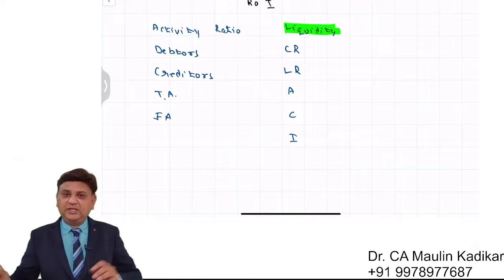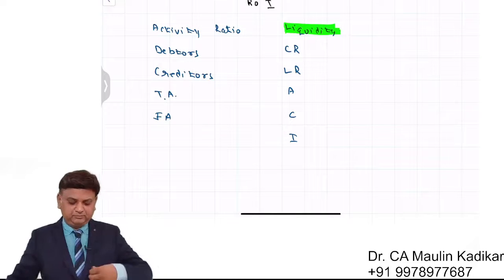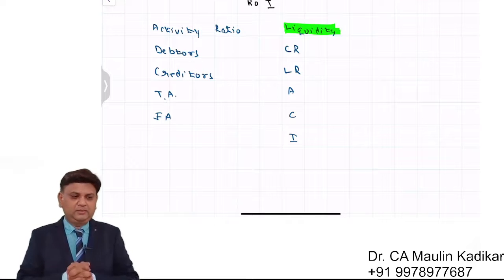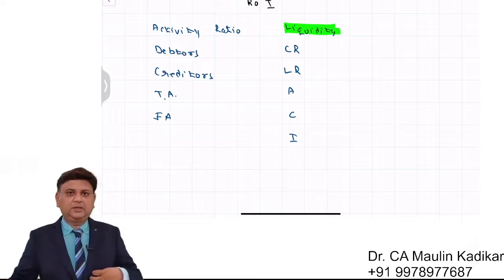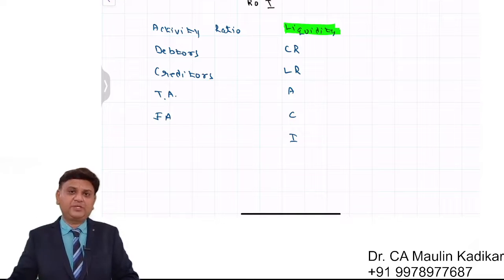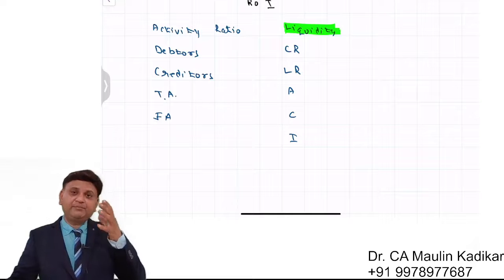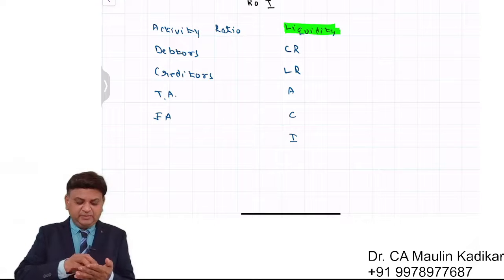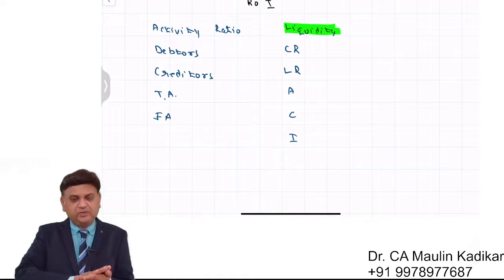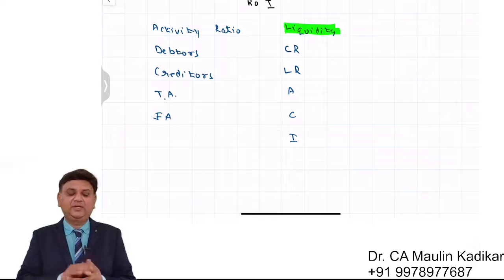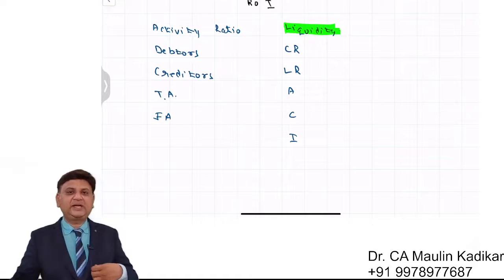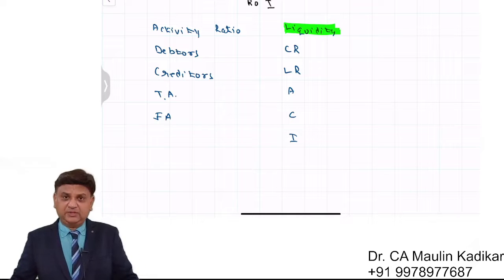Yes, dear students, listen carefully, what happens is that in examination, most of the time we are provided with the questions in which we are required to find the missing information. Means you will be provided with certain set of the information, and based on that, you are required to complete the financial statement, starting from the trading account, P&L account, and balance sheet. That is the kind of questions which are usually asked in examination.